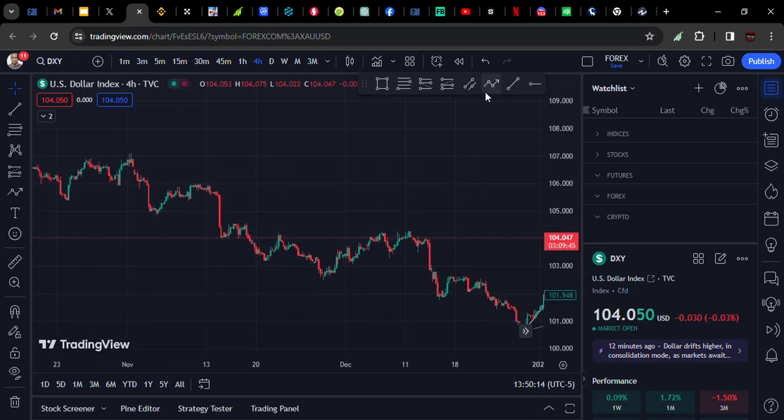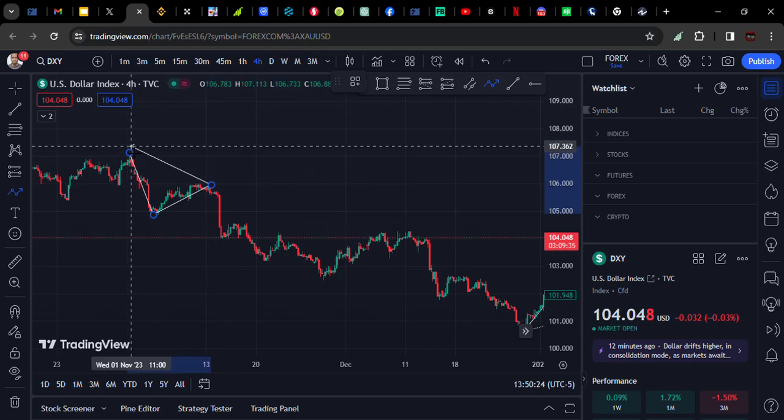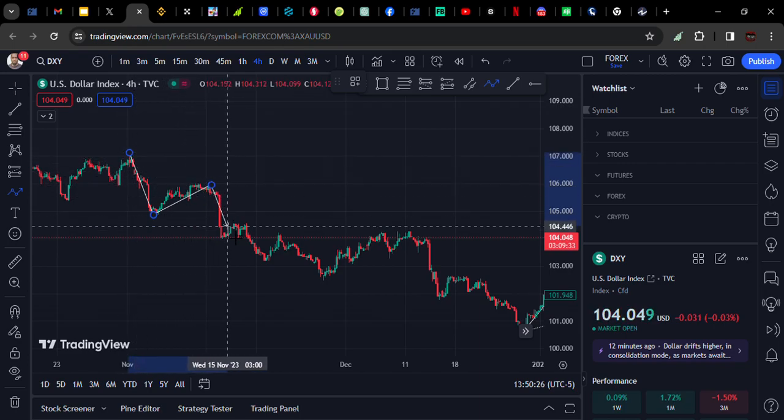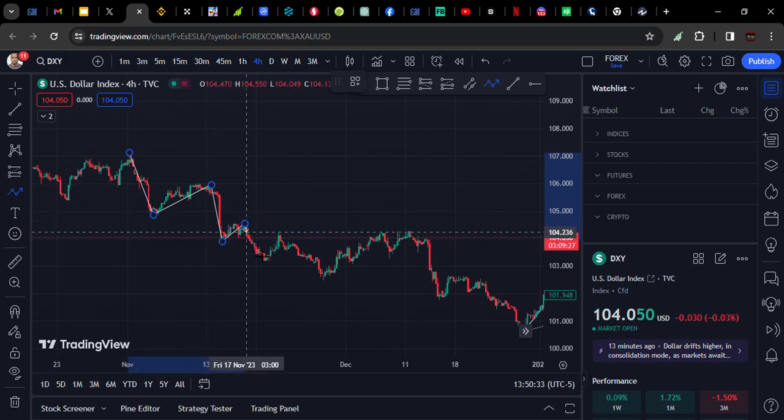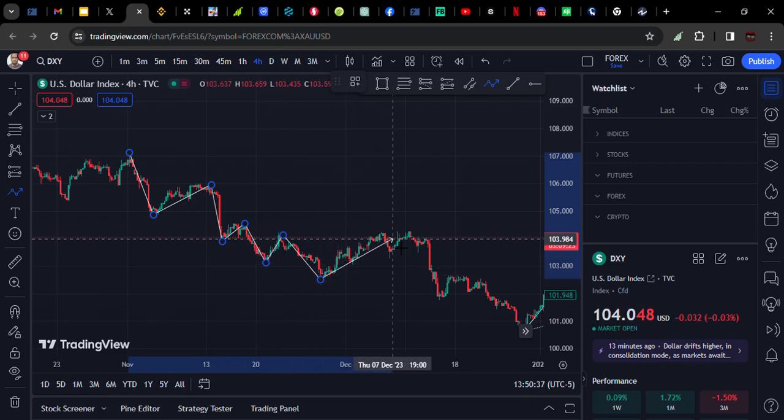You can see that the market is forming lower highs. That was a high. This is a low that it put in place. Then this is a lower high, right? It's lower than this high, and it puts another low. This low now is lower than this low. So it's forming lower highs and lower lows. So this is called a downtrend.